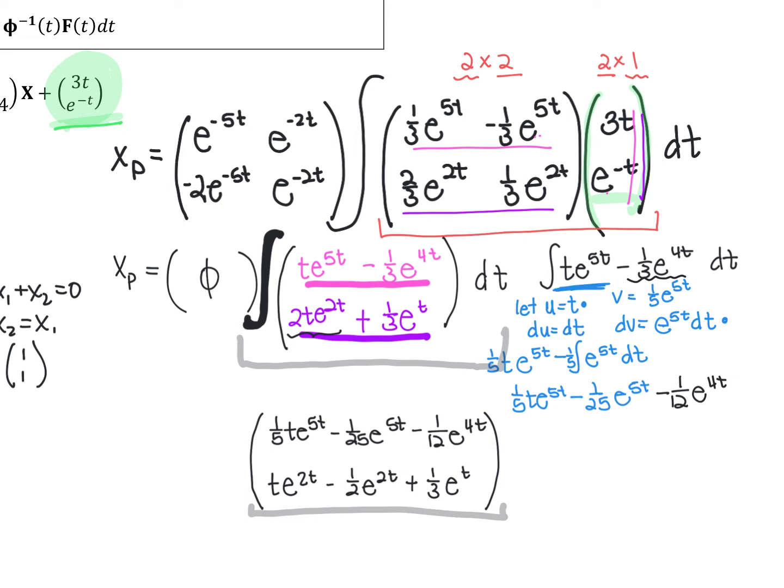And now what I need to do is take and multiply it by that fundamental matrix. So I'm now going to multiply this by e to the negative 5t, e to the negative 2t, negative 2e to the negative 5t, and e to the negative 2t.